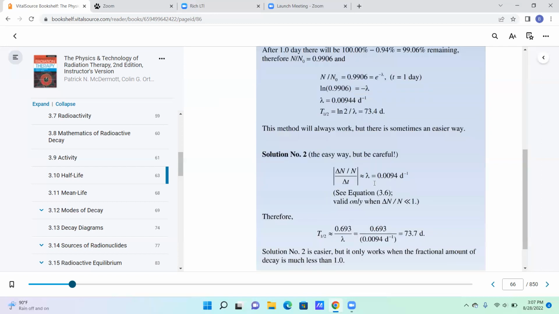Knowing all of this information, again, when the change in N divided by N is much less than 1, we can use this particular formula. This tells us what lambda is. We can put it into this particular formula and therefore generate the answer there for the half-life.